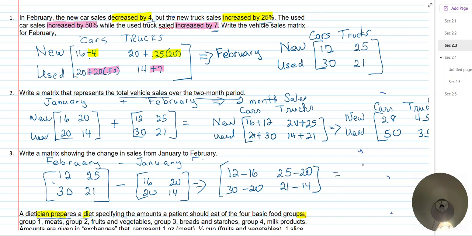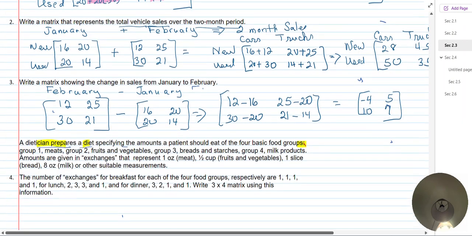I'm going to get a -4, a +5, a +10, and a +7. And that is what was stated in the statement above.